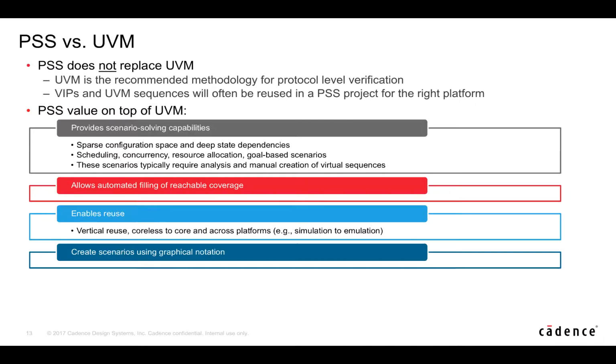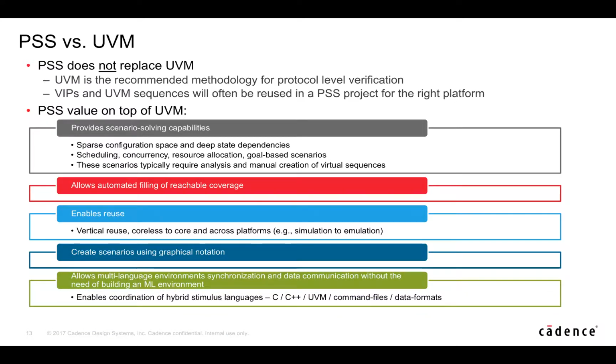The PSS standard lends itself very nicely to using these kinds of approaches. So if you have a VIP of UVM, you don't need to learn UVM or sequences or SystemVerilog. You can just use a GUI for that, and that is very efficient and creates scenarios, even if you're not a hardware verification expert.